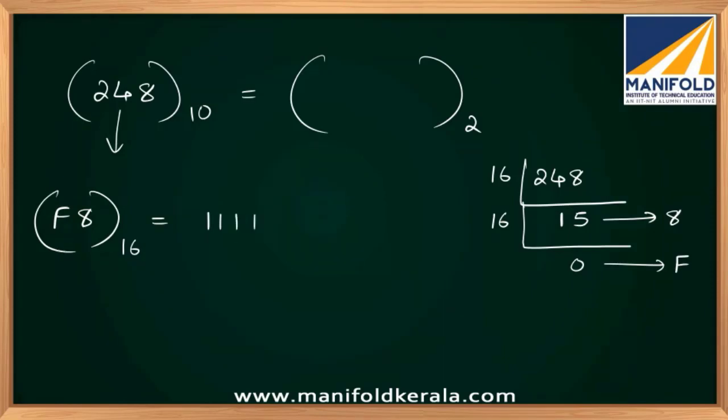And 8 is nothing but 1, 0, 0, 0. So this will be the binary: 1, 1, 1, 1, 1, 0, 0, 0.